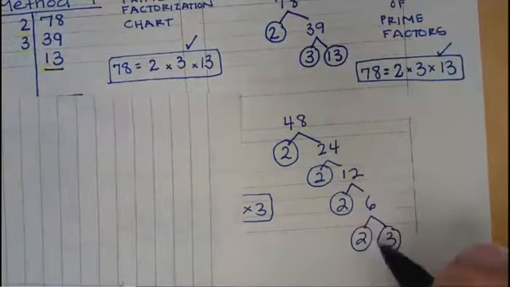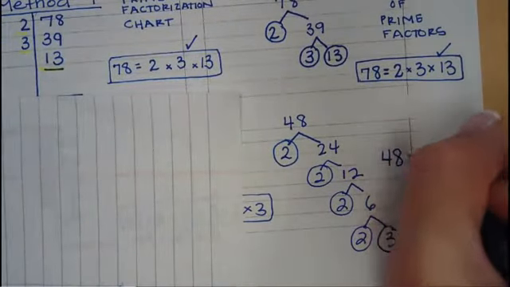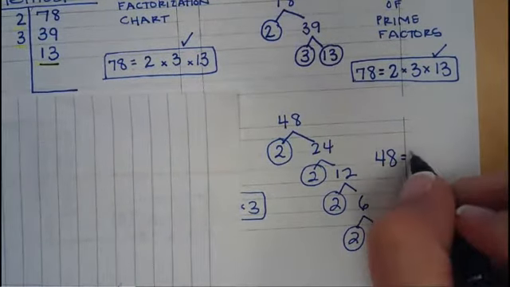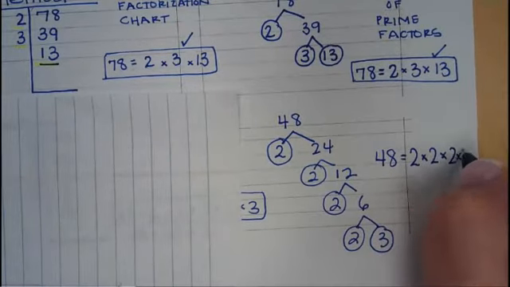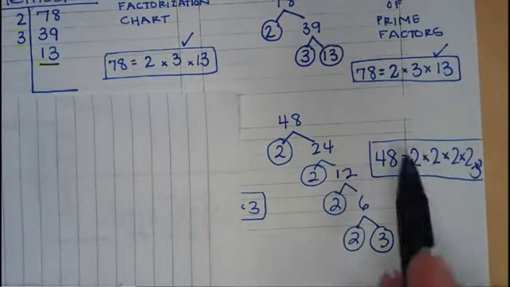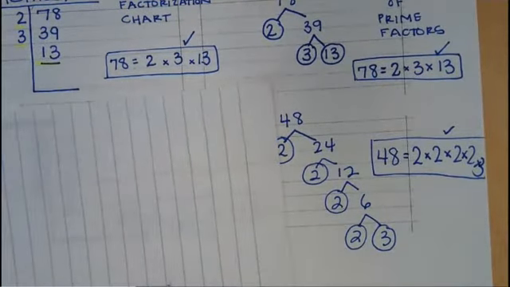And again, you can see the 4 2s and the 1 3. So 48 as a product of its prime factors, and we know product means multiply, so 2 times 2 times 2 times 2 times 3. Ran out of a little bit of room, but that's okay. And I checked it over on the other problem, so I know that that is correct.